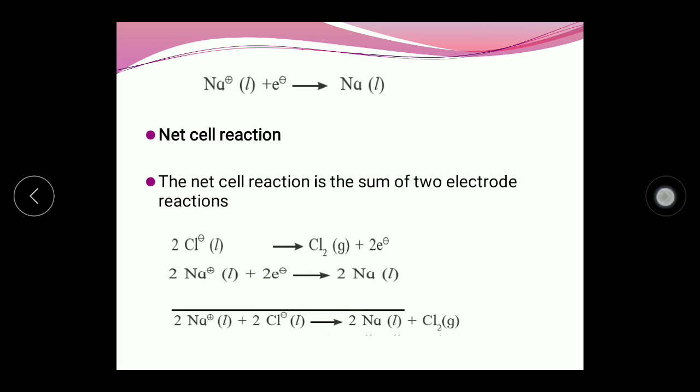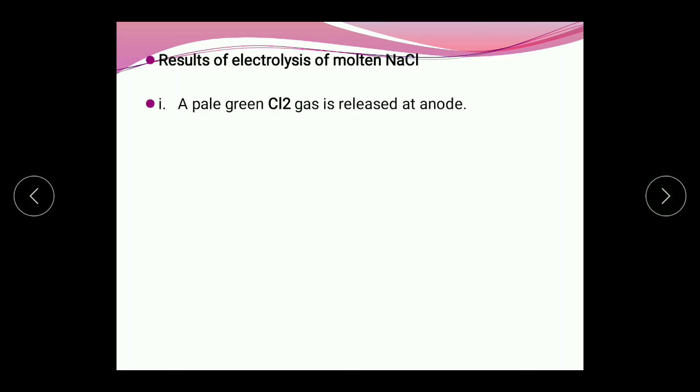Let us just collect those points. What is the result of electrolysis of molten NaCl? We got chlorine gas formed at the anode, that means a pale green chlorine gas is released at the anode, and molten silvery white sodium is formed at the cathode.